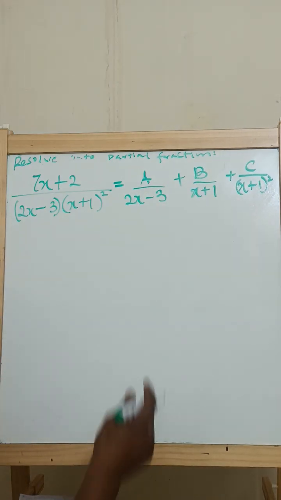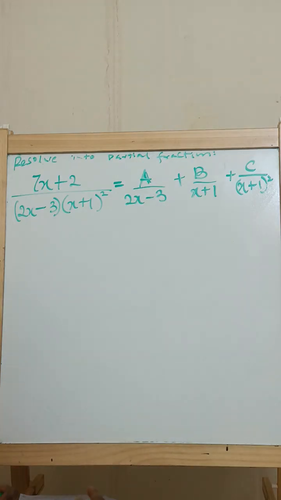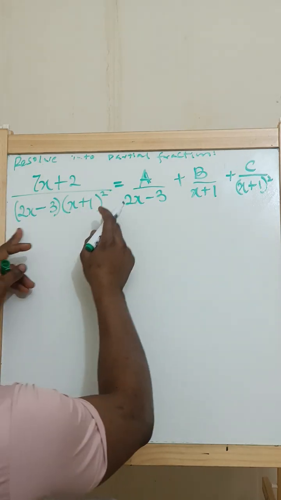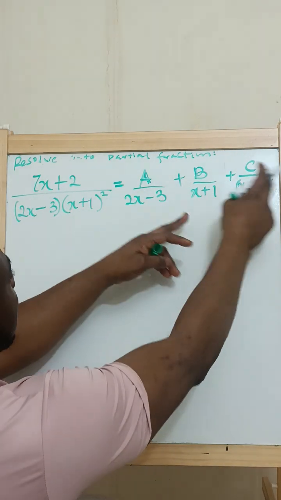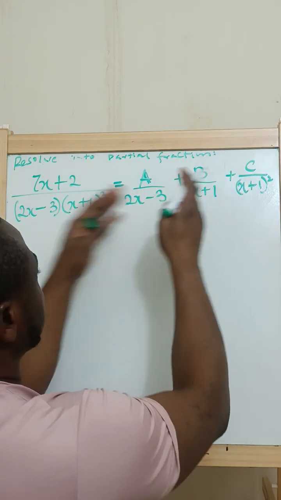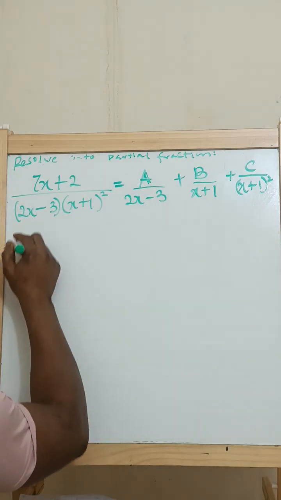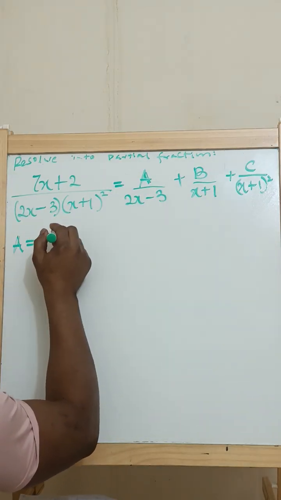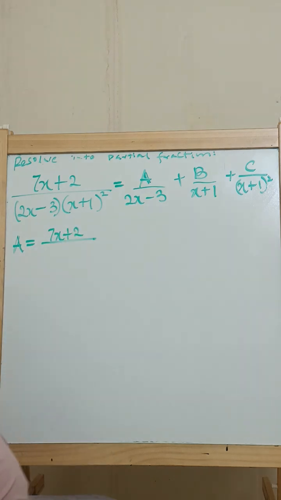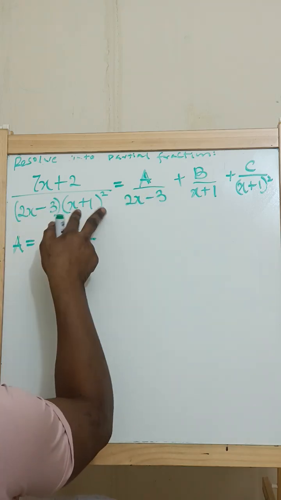As for A, it is easy because we can use our normal formula, which is using the denominator to multiply every term here. To get A, A will be 7x plus 2 over x plus 1 squared, since this cuts the factor on the left.